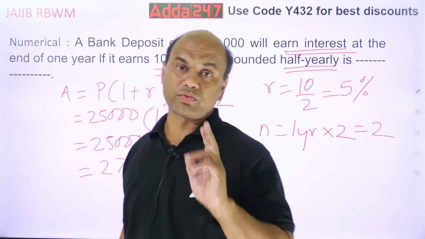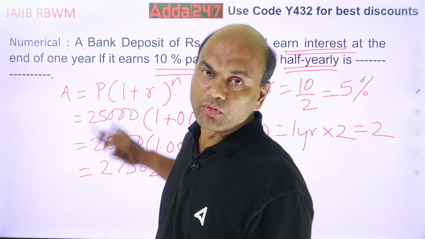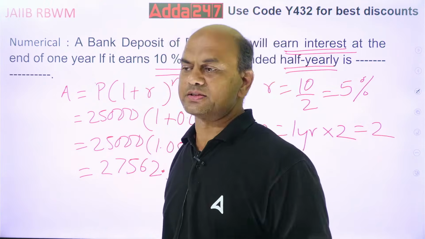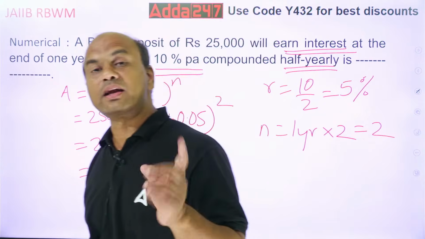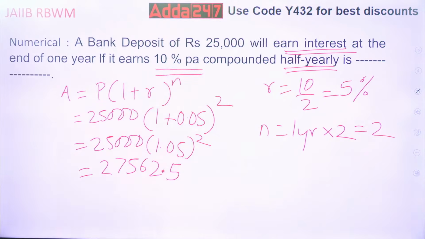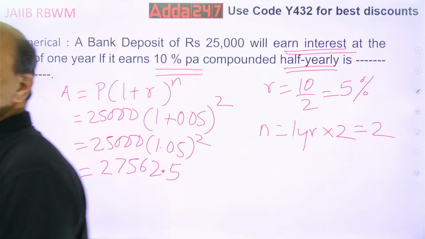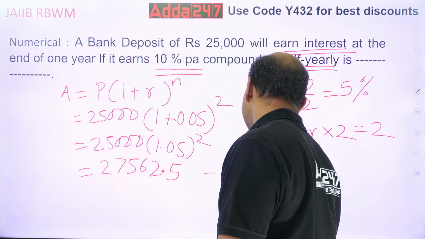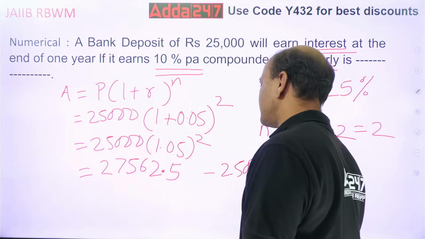Pay attention to the question. If amount is asked, then this is the correct answer. But if interest is asked, then the correct answer is, yes Manjula, now you have got it correct, this minus 25,000. So that is equal to what?